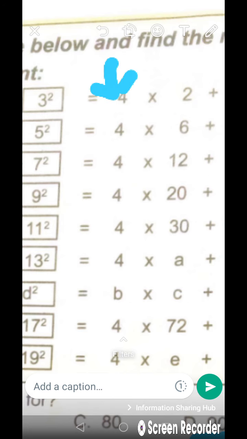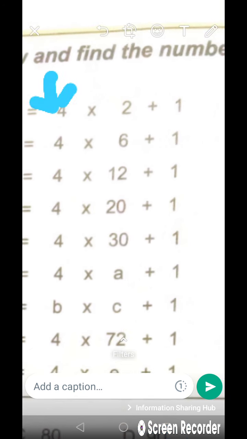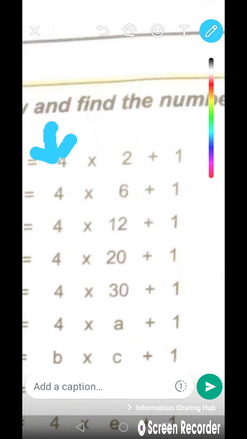Our knowledge on even numbers also is tested down here. So we know even numbers 2, 4, 6, 8, 10, 12, 14, 16, like that. I hope this is informative and educative.